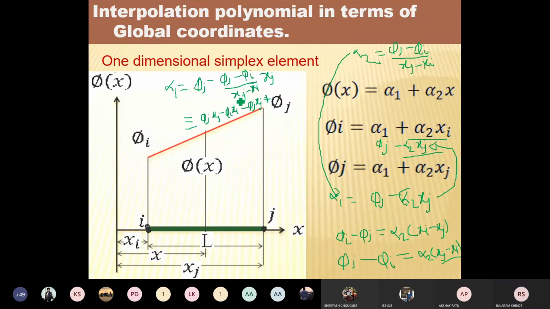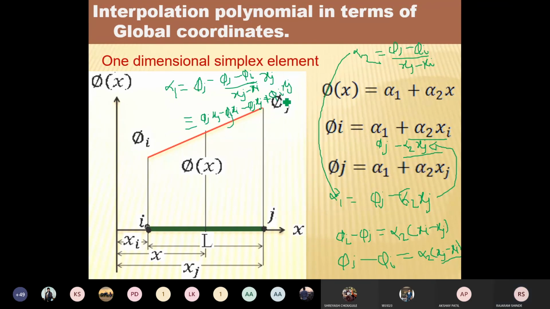What happens here? This is phi j xj minus phi j xi. This is phi j xi. Next phi j xj, this plus phi i xi, right? Phi j xj, next minus plus phi i xj, and divided by xj minus xi.